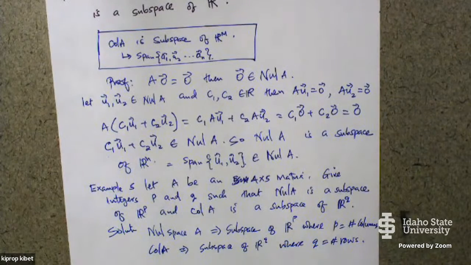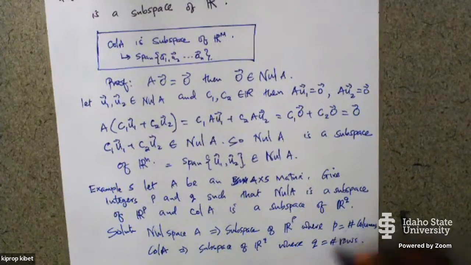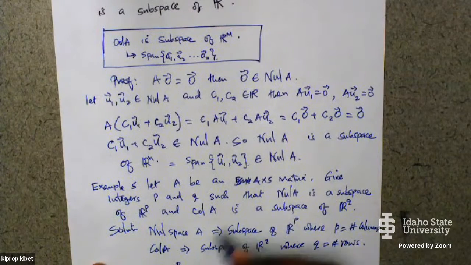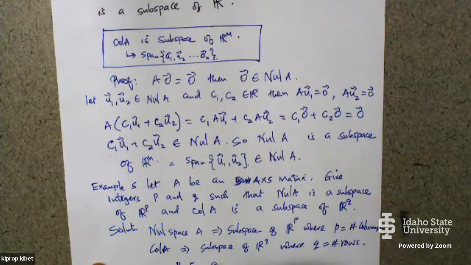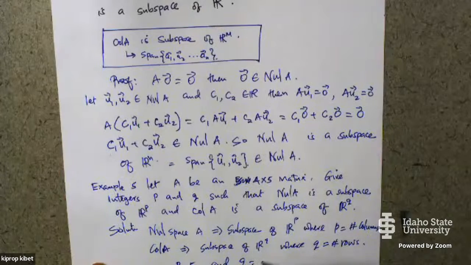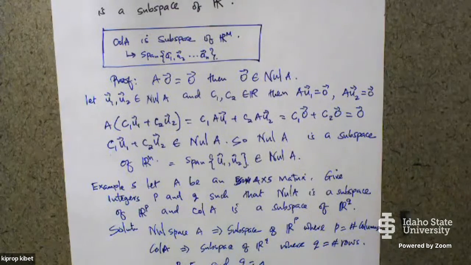The number of columns here is 5, and the number of rows is 4. So P is equal to 5 and Q is equal to 4.